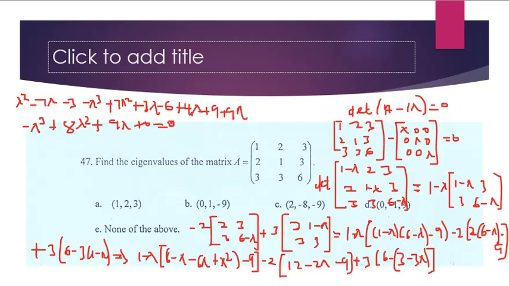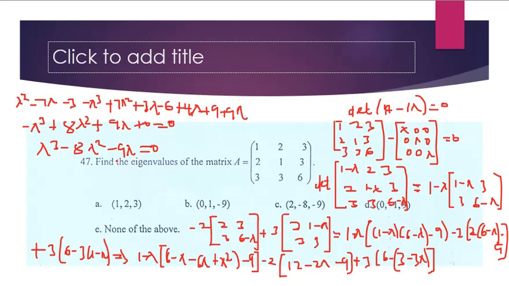Then let's equate this to 0. So let's just multiply negative 1 throughout. So we have lambda cube minus 8 lambda squared minus 9 lambda is equal to 0, for the eigenvalue.